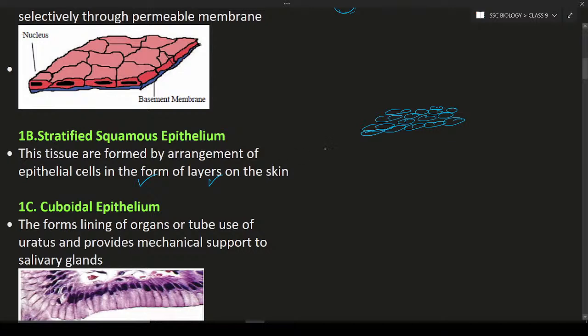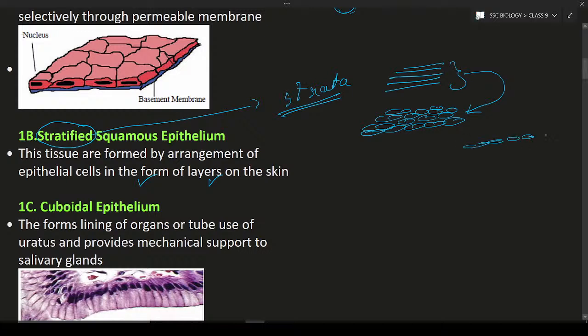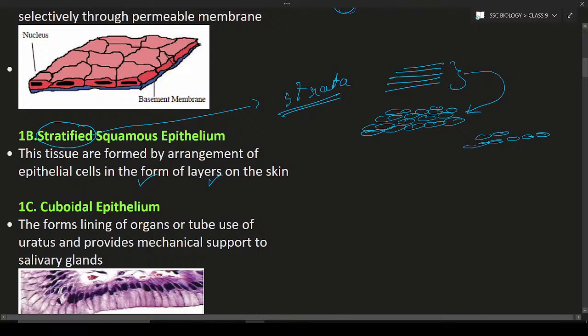Okay, so you have to understand what stratified means. Stratified comes from the word strata. So what is strata? Strata is nothing but layer by layer. In the same way, these tissues form layer by layer. This is a one-layer tissue. Above this layer, another layer is present.